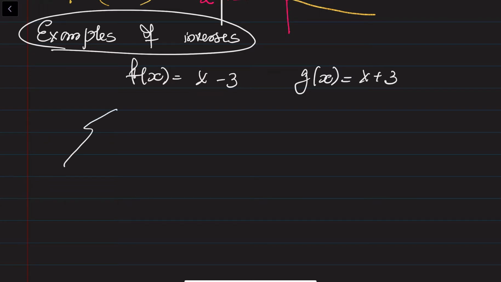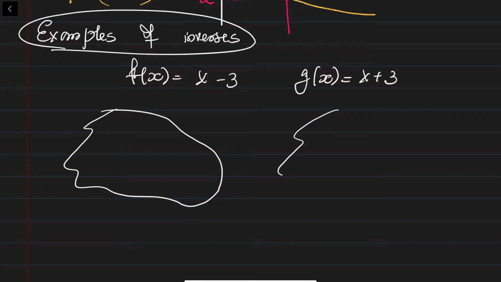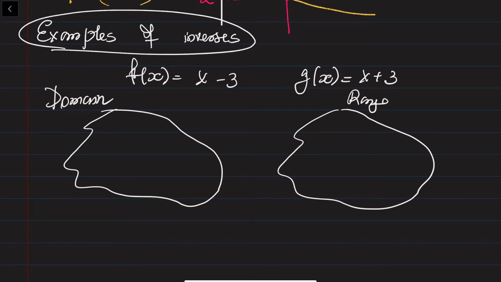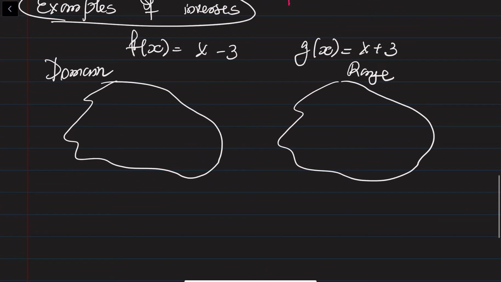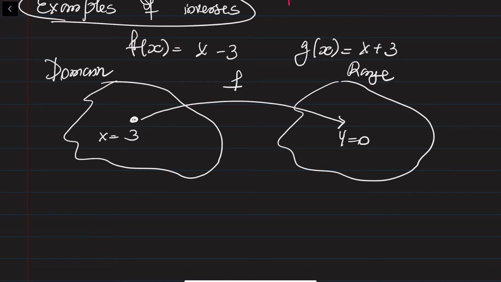Because let us do the domain and the range for the f function. So you've got here, let's say, x is equal to 3. If you just plug this into the f function, where you go is to 0. Y is equal to 0. This is what f does.